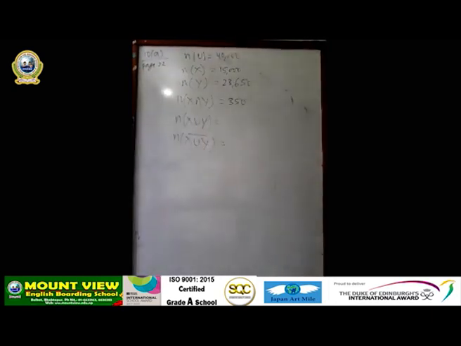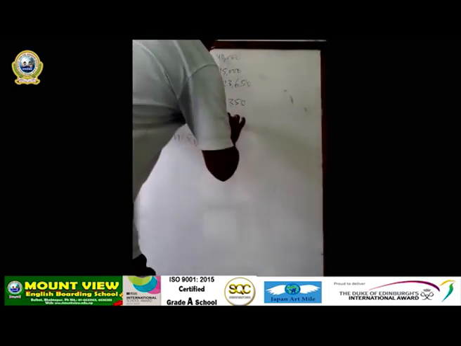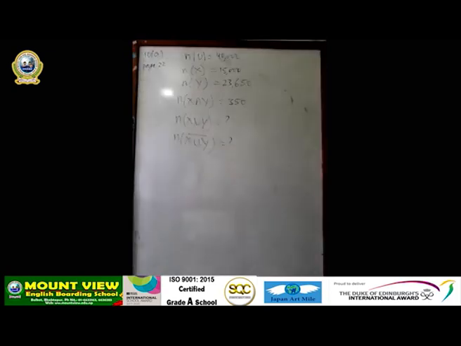Listen, how many votes got by X, how many votes got by Y, how many votes got by both, and how many people were not involved in the election. That means absent. So first of all, let us write in a Venn diagram.